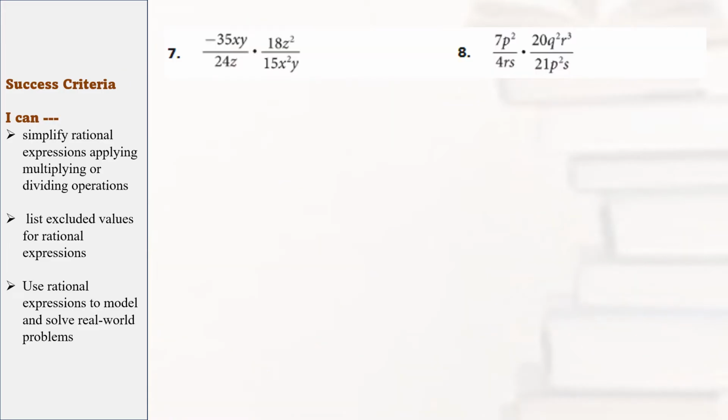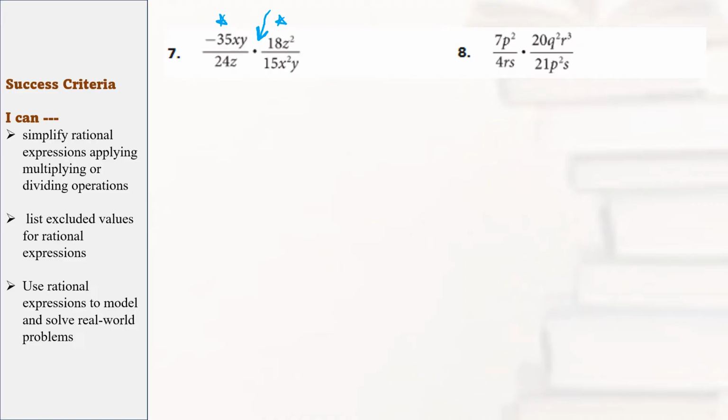Now comes the actual question which we have to solve. This is a rational expression because it is written in the form of numerator and denominator, and two rational expressions are multiplying with each other. So we know the concept. First of all, write all the terms in the calculator, because calculators are allowed.